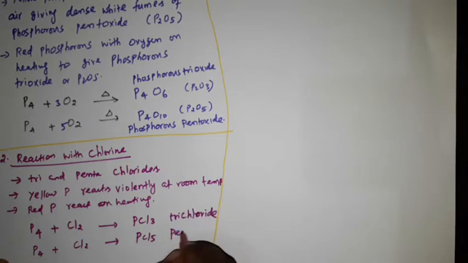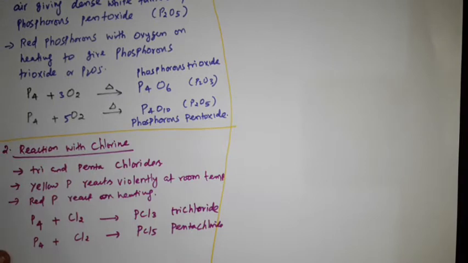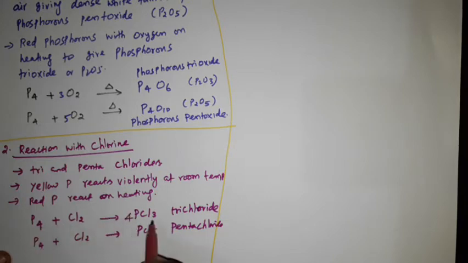Now balance the equation. Here 3 is there. Now put 4 here, 4 phosphorus. Then 12, put 6 here. Then P4, put 4 here. Then 4 into 5, 20, so 10 Cl2. Now the equation is balanced.